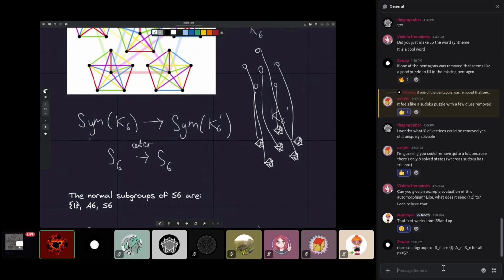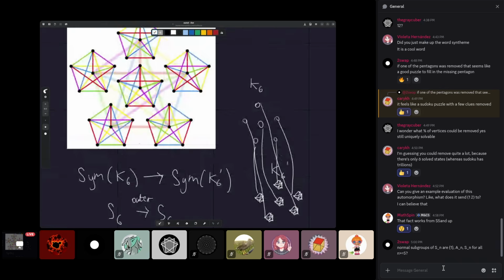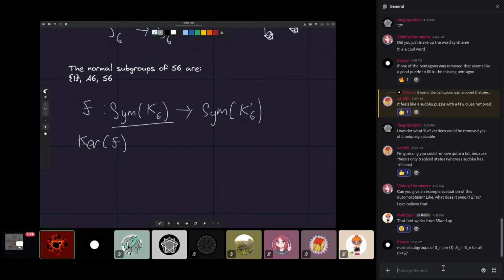If the action is transitive, which is what I'm claiming but not proven yet, that implies something about the size of the kernel. So if you're transitive, what is it?